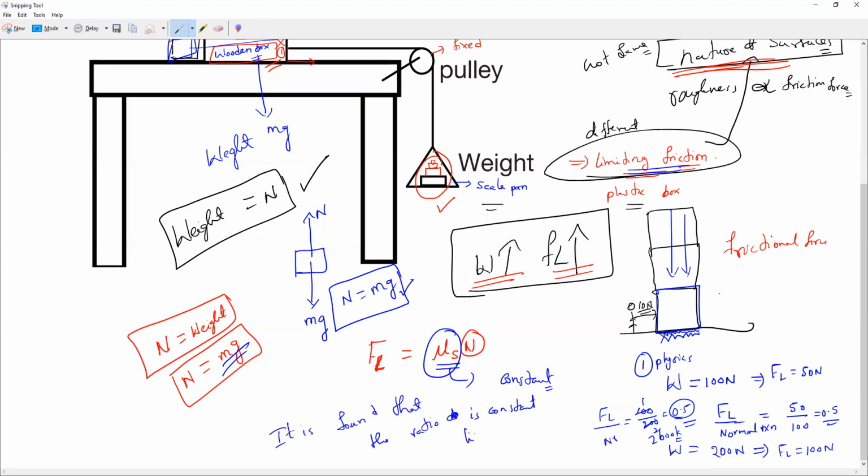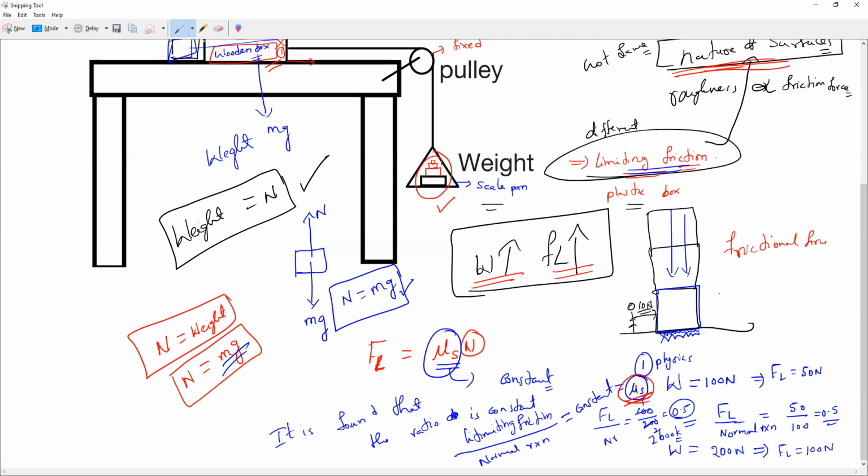Limiting friction divided by normal reaction gives you one constant. That constant is called the coefficient of limiting friction.